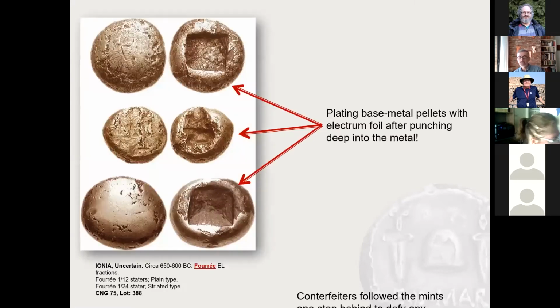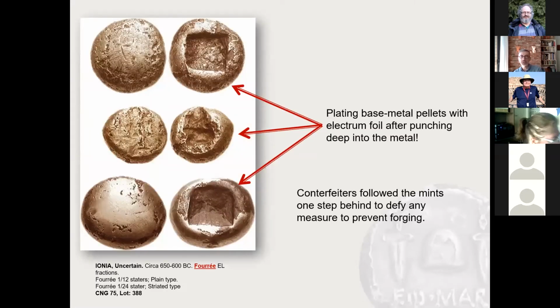And right after that, we start seeing some people doing some nasty things. Again, here are 3 examples from the same period, around 650 BC or 680 BC, I don't know. People started to plate the base metal pellets with electrum foil after punching deep into the metal.